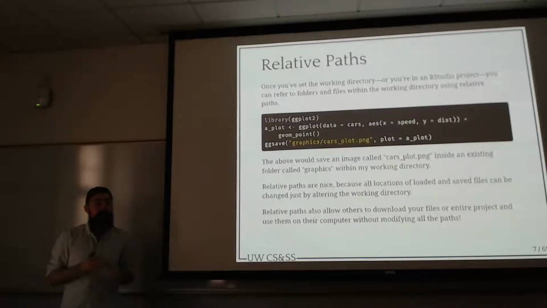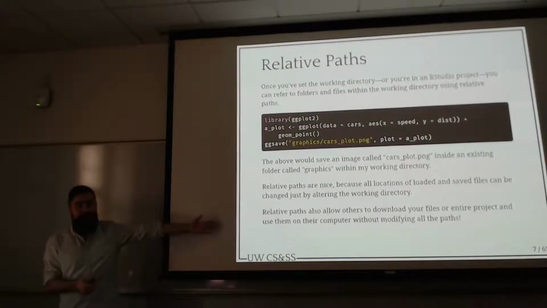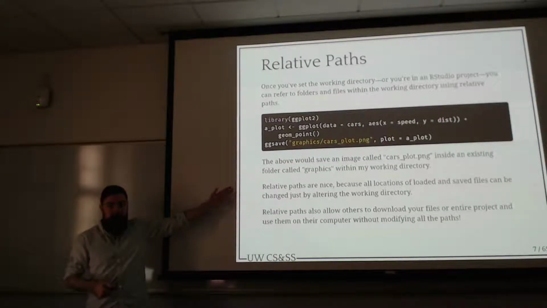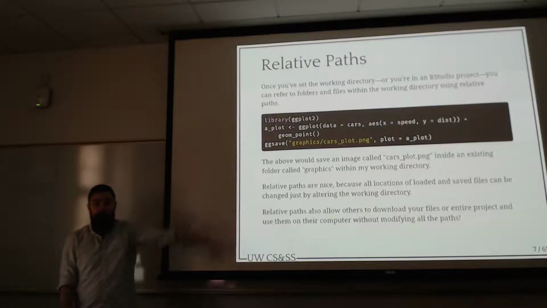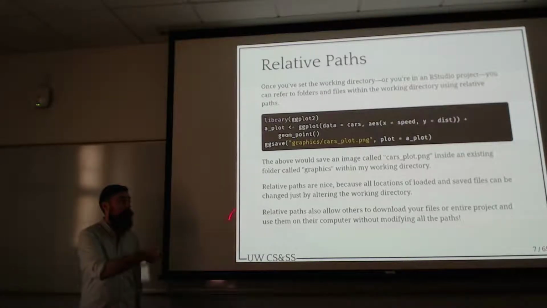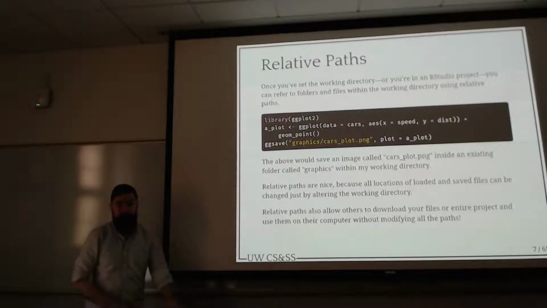If I want to move everything off of my crappy OneDrive, because OneDrive is the bane of my existence, and move it into a Dropbox, I could just copy-paste this entire class into my Dropbox. Everything would work perfectly, because all my working directories are relative. If you have a whole bunch of files and every single one of them is like c:/, every one of those files has to be changed if you move it to a different location. That sucks. Use relative directory paths whenever possible.